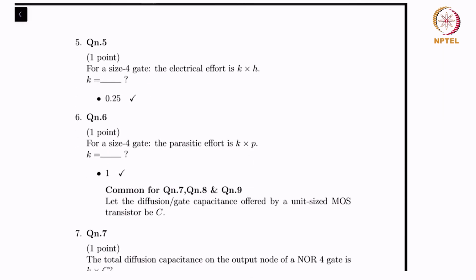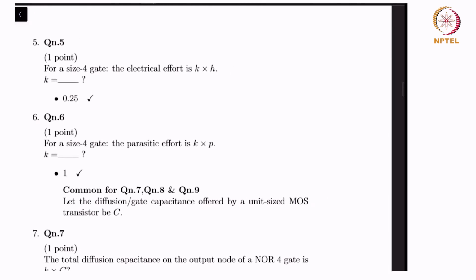And now what is the electrical effort? In the case of the electrical effort, the load doesn't change. So electrical effort H is just going to be C load by C gate. Right. And now if you make C gate 4 C gate, the new electrical effort is going to be C load by 4 C gate, right?